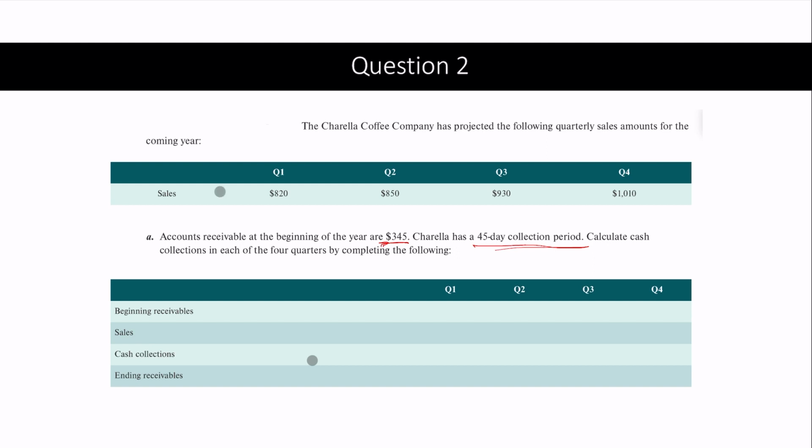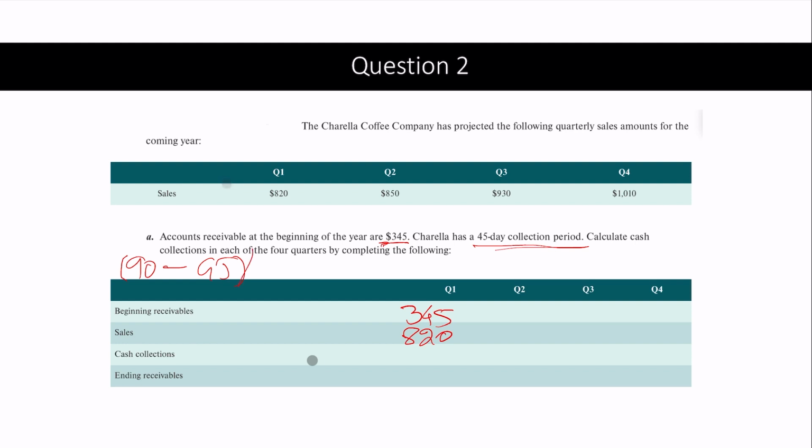For the beginning it is given, so there is no problem finding it. 345 is the beginning for quarter 1 because it's carried from a previous quarter. So how much is the sales? We know that sales are 820, and how much is collected, that's what we have to see, because 90 days are the accounts receivable period and 45 is the collection period.